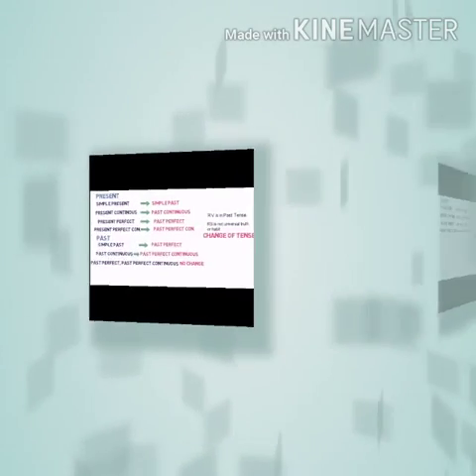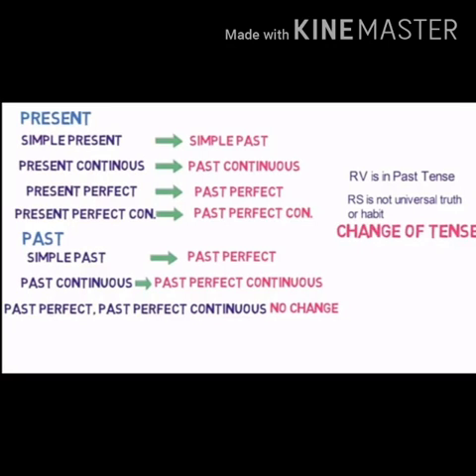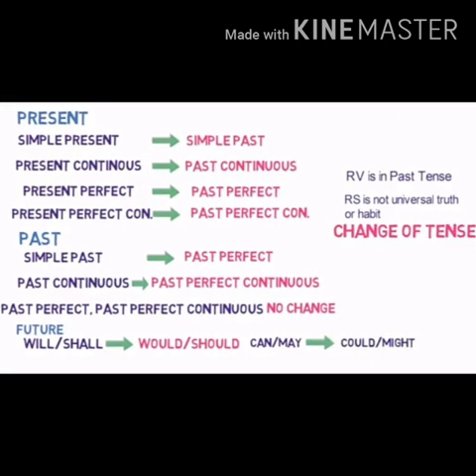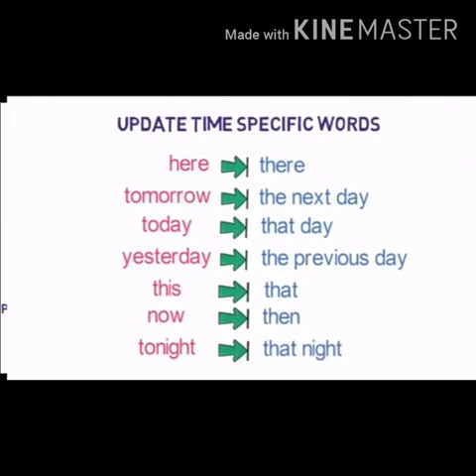In past tense, simple past changes into past perfect, past continuous changes into past perfect continuous, and past perfect continuous will remain unchanged. And the last one is future. In future, will and shall change into would and should, and can and may change into could or might. I hope you understand the fifth step also.